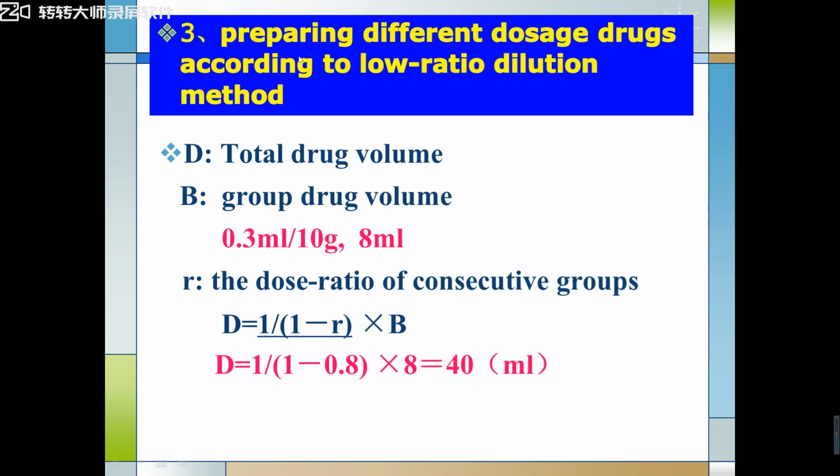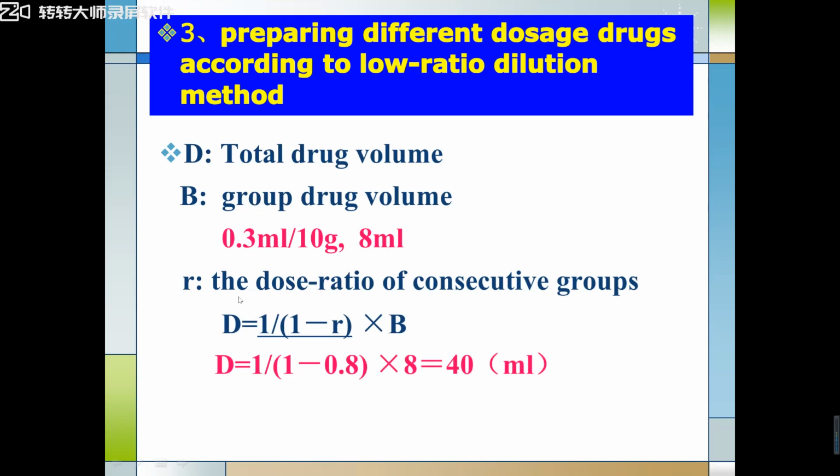So one mouse we give 0.8 milliliter of drugs, and in each group we use 10 mice, which means each group needs 8 milliliter of different dosage drugs. And how do we calculate the total drug volume?